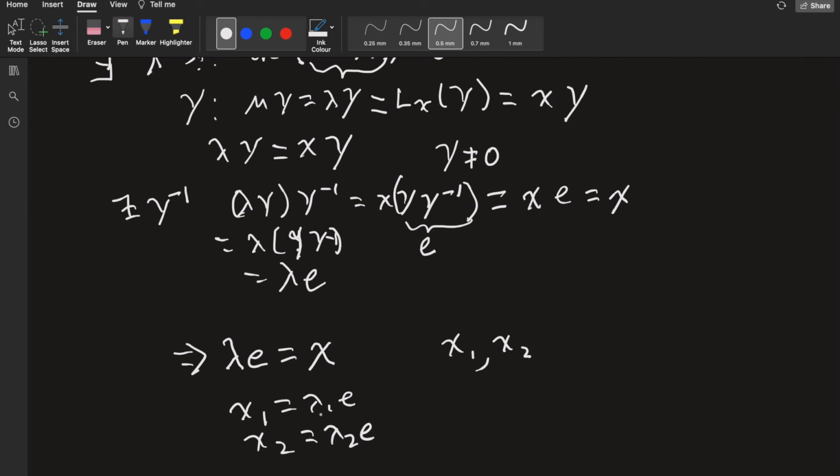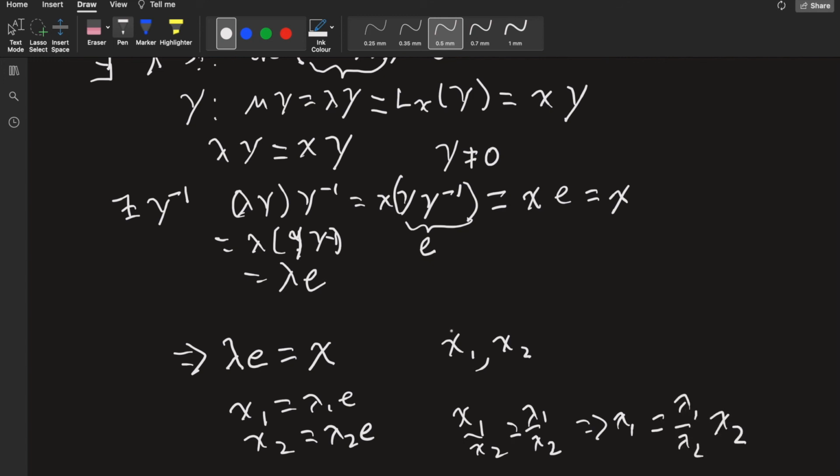But then it's obvious here that x1 and x2 are not linearly independent because they're related by the coefficient. We have that x1 divided by x2 equals lambda 1 over lambda 2. So x1 is equal to lambda 1 over lambda 2 times x2.